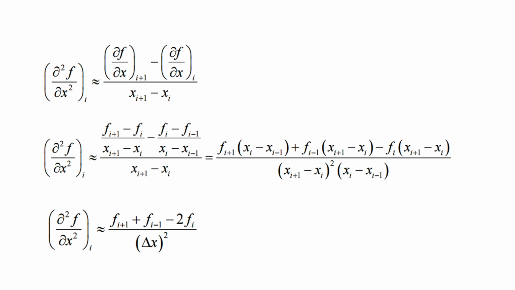Again, we have to find the second derivative. To find dou square f by dou x square, we can use these two equations.